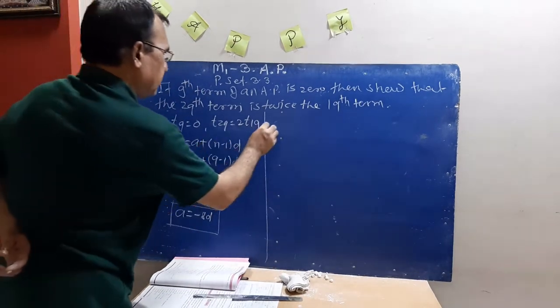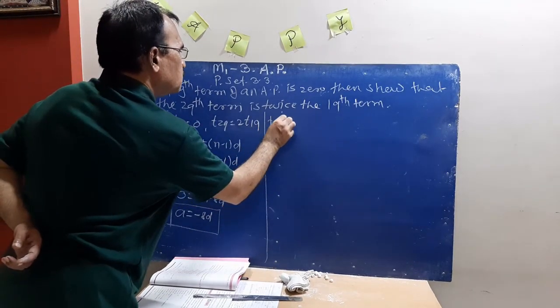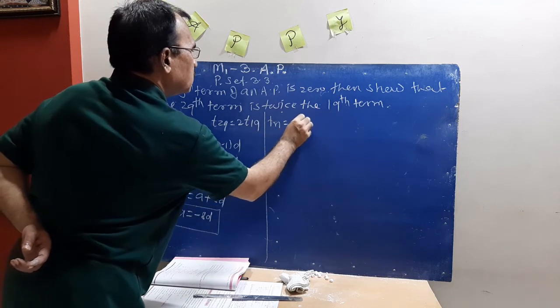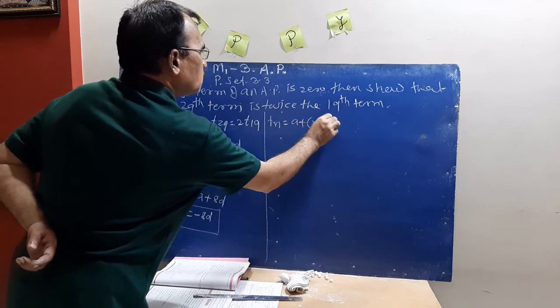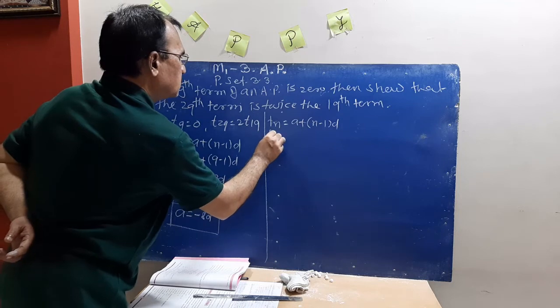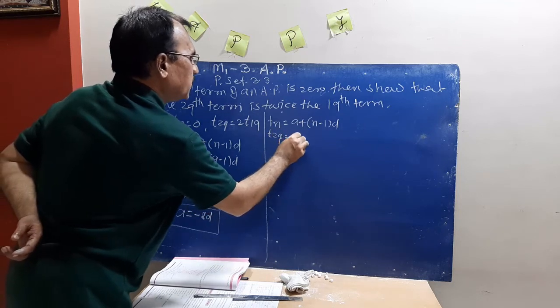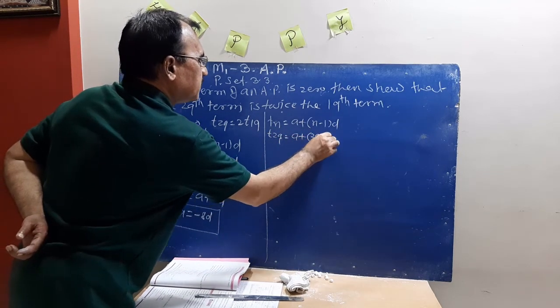Now T29, for that we use the same formula. Tn is equal to a plus n minus 1 into d. T29 is equal to a plus 29 minus 1 into d.